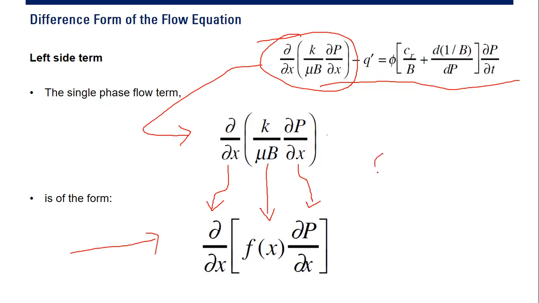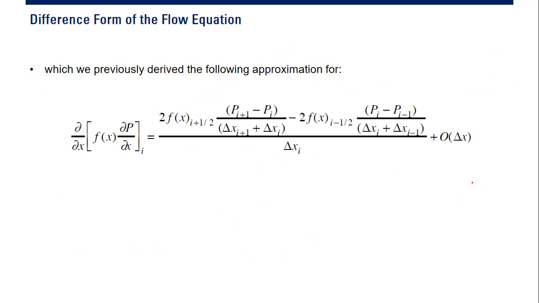In other words, f(x) equals K per mu B. That's f(x). The form is quite the same.